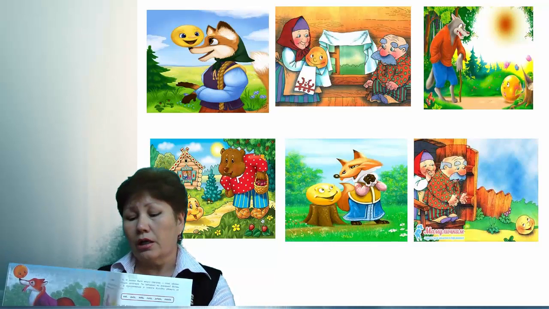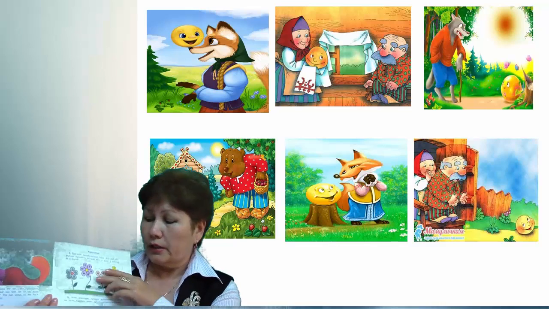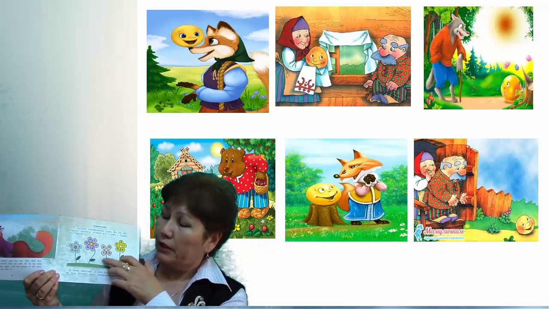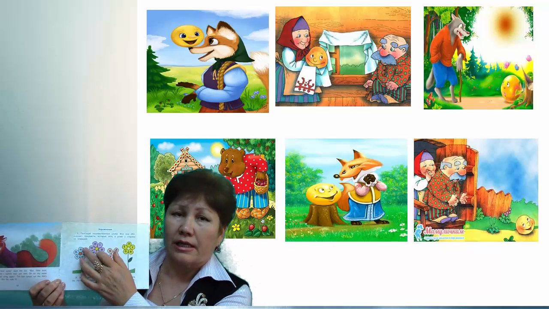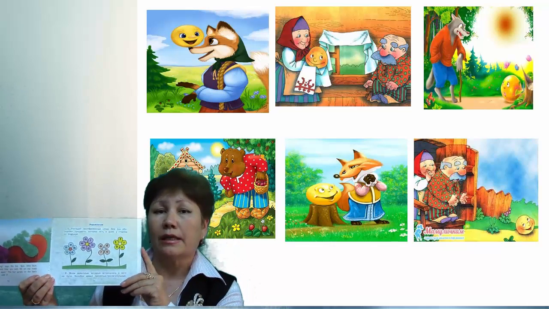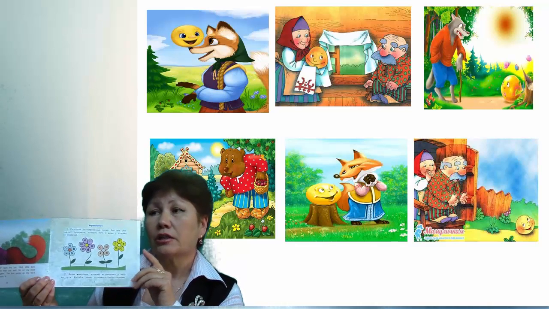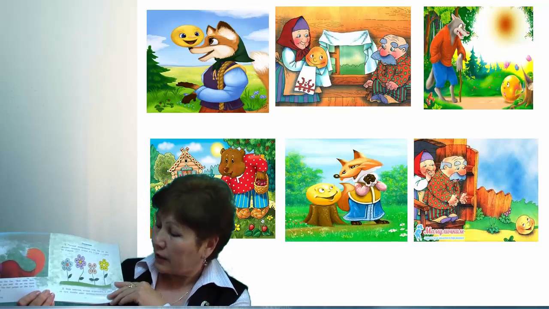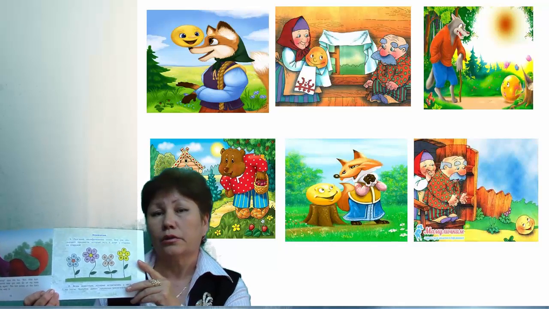One of the activities: draw the picture of flowers, and on each write letters, and they should guess all the words which were mentioned at the beginning of the story concerning the house of the old man and old woman.